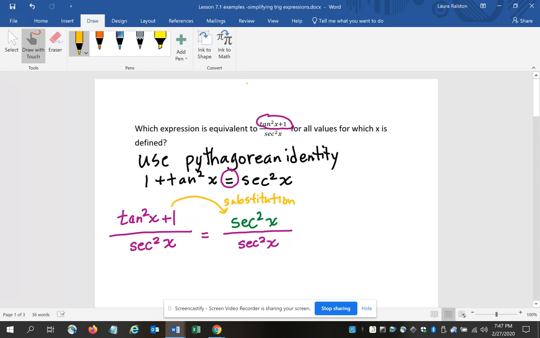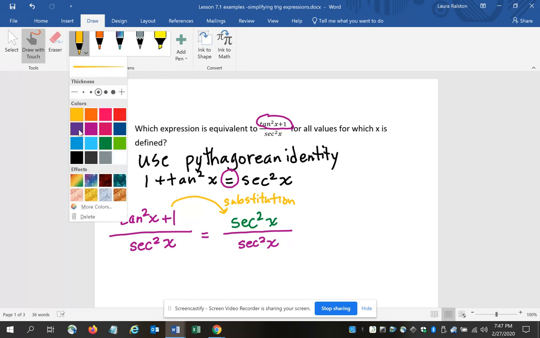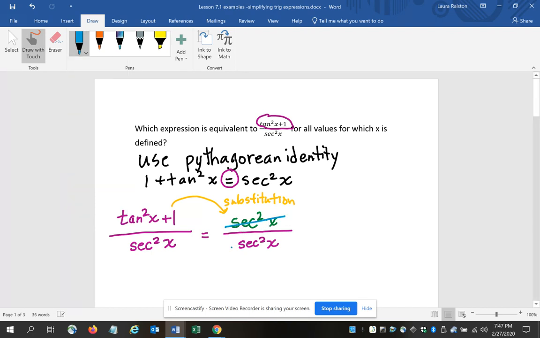And then I realized that I could simplify this because I have secant squared in the numerator and a secant squared in the denominator. When they divide out, the understood placeholder is 1, so you have 1 divided by 1.